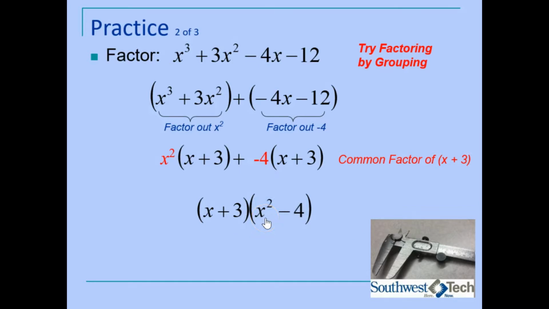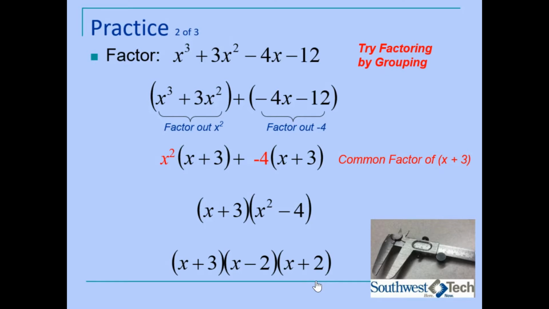Square root of x squared is x, square root of 4 is 2, and we have our difference. Factoring then with the square root of the first and the second, one being a difference and one being a sum, we have factored this 4-term polynomial into the following here that we can check by multiplying to verify whether it's correct.